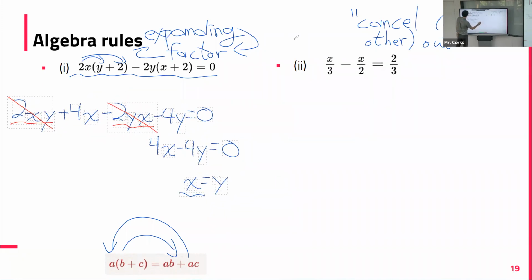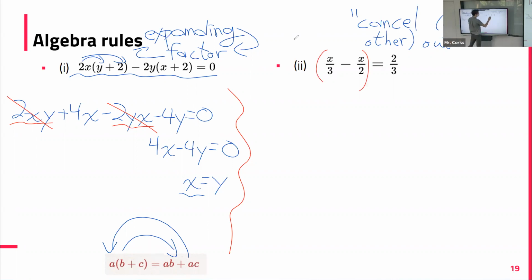Move this over a little bit. The next one. Here we have some fractions, so adding and subtracting fractions. Let's see if we remember what the rule here is. What's the first thing I want to do? Multiply by 6.